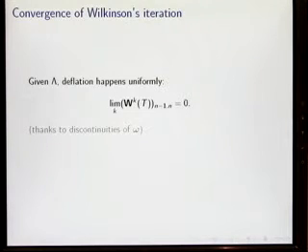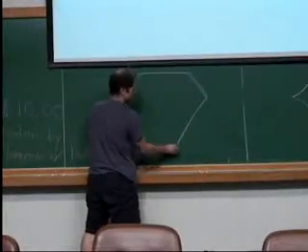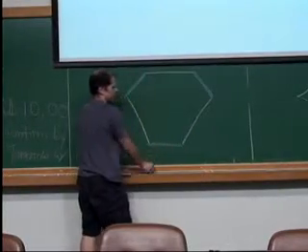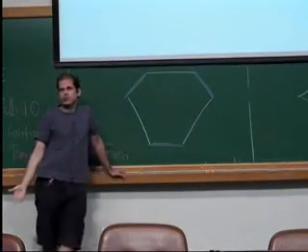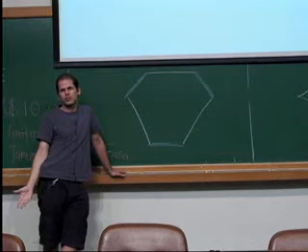Some known facts here. Given lambda, deflation happens uniformly. I mean, you have a given number of steps, you always converge. And that's thanks to the discontinuities. What does this mean? Deflation is going to take you either here, or here, or here. Now, if you have a continuous map, you are in trouble.